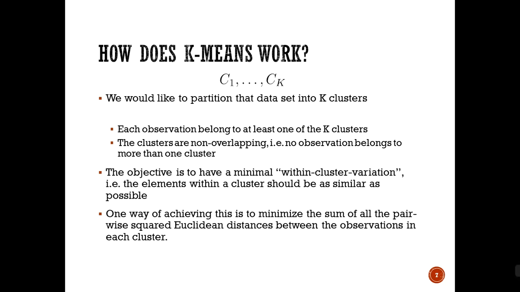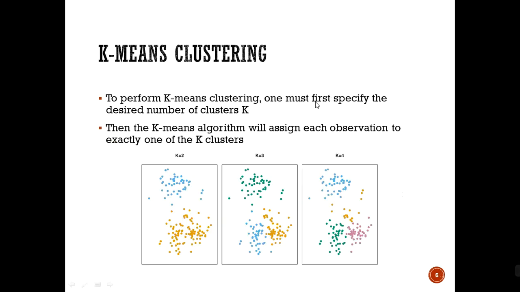So getting back to this picture, if you ask me to divide this into 3 groups, I'm going to find 3 groups so that within each group, like within the gold group, the variation is small, so that the points are close together. Similarly for the other two groups, the points in the group are close together. So it is a very intuitive definition.